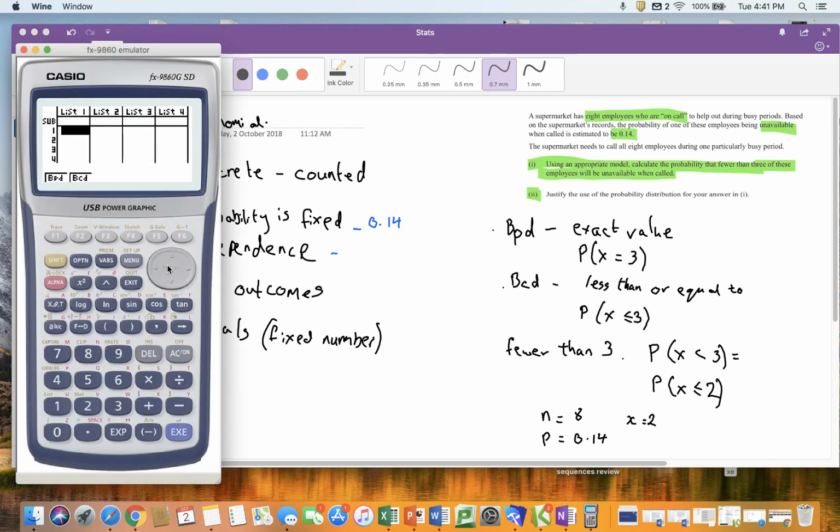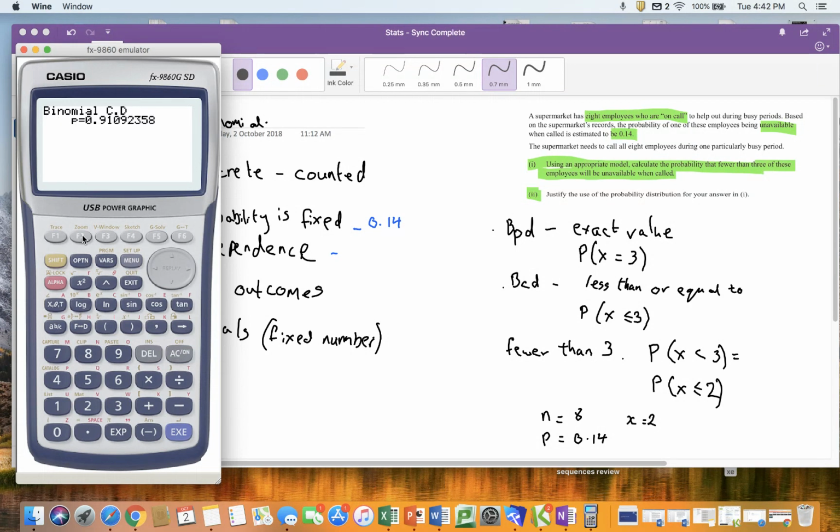So here's my calculator. I know I'm going to BCD. First thing I've got is it's telling me I've got the choice of having my data as a list or my data as a variable. I need to remember to turn it to variable. The first time you do that in the exam, you'll have to do that. After that, it will just remember depending on which function you're in. Okay, so my X is 2. I want it to be less than or equal to 2. My number of trials is 8, and my probability is 0.14.